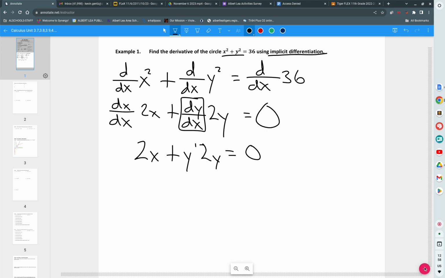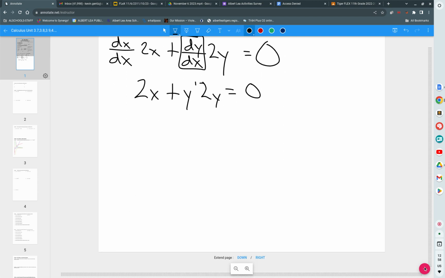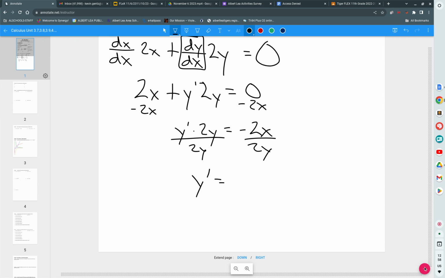What do I do to both sides? Subtract the 2x. I get y prime times 2y is equal to negative 2x. I divide both sides by 2y, and I get y prime is equal to negative x over y. And that is the derivative.